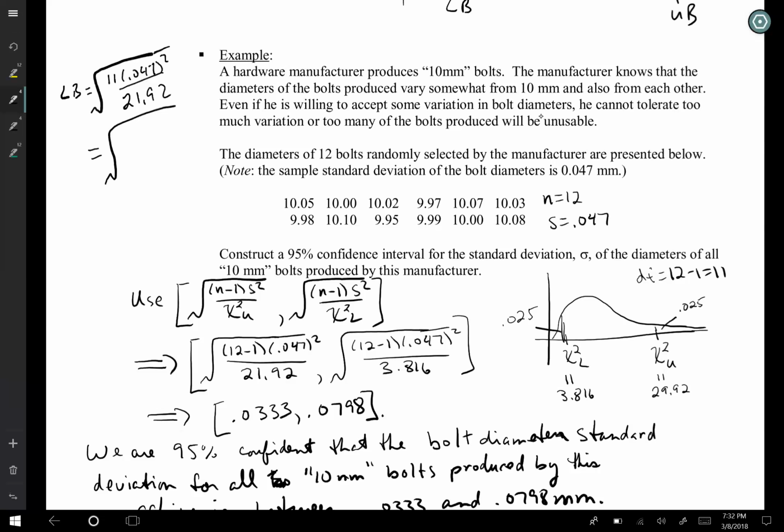Let's see. Now with 21.92, do you see how you get 0.0333? Let me check this.